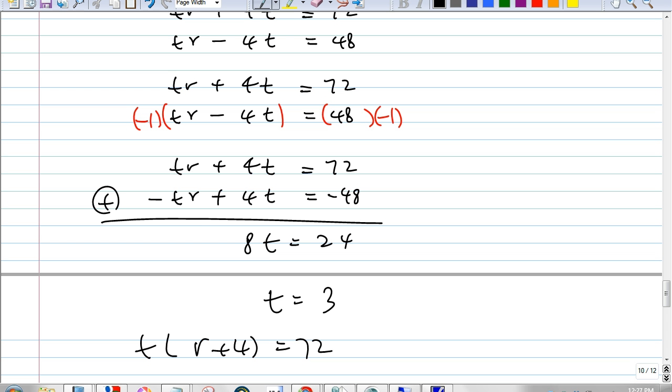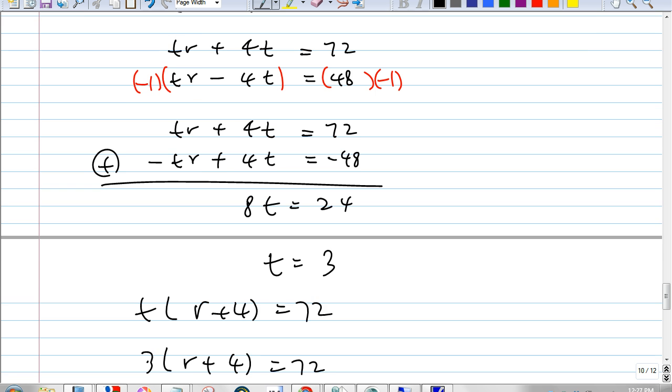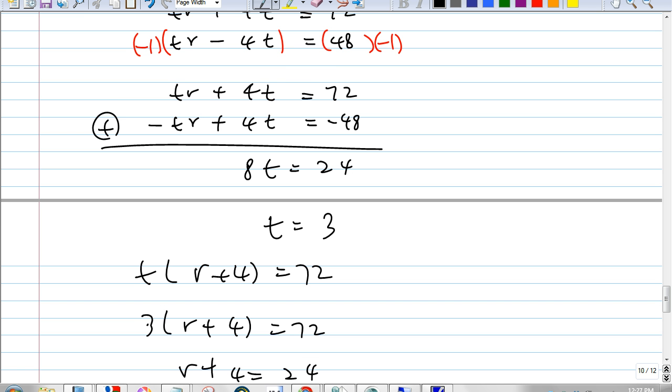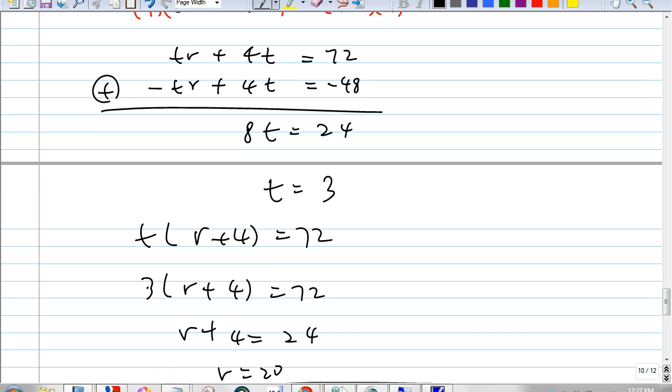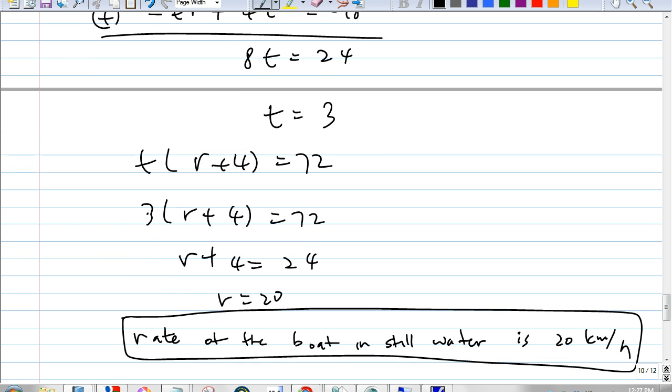Could I use this one? t times r plus 4 equals 72. So you plug in t as what? 3. When you do, you could divide both sides by 3. You get r plus 4 equals 24. What is the rate, guys? 20. There it is. The rate of the boat in still water is 20 kilometers per hour.